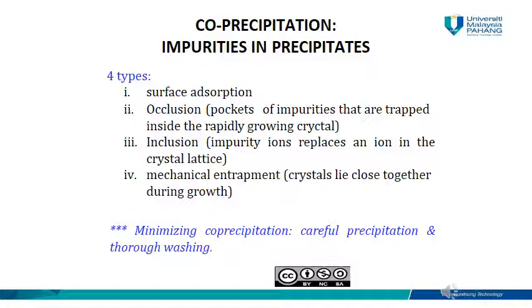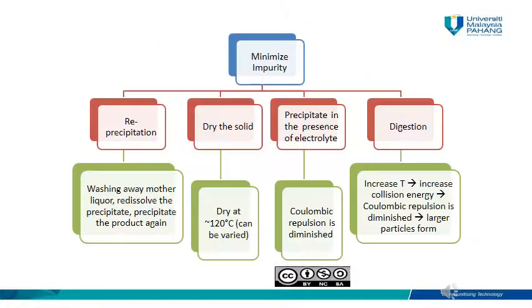When you want to minimize the co-precipitation, you need to be careful, especially with washing. Here we have different methods on how to minimize the impurity. The first one is reprecipitation.